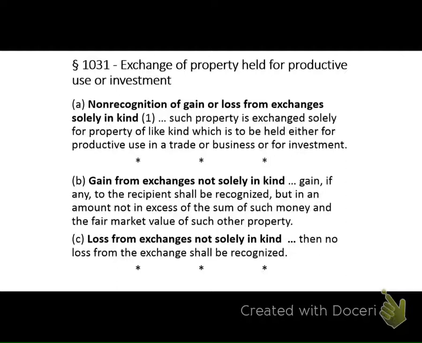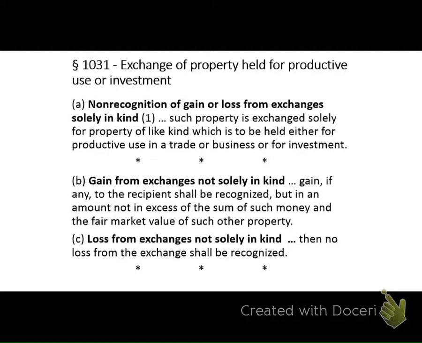So if I have a property worth $500,000 and somebody else has a property worth $300,000, perhaps we exchange our like-kind properties, but then because their property was only worth $300,000, I want them to give me $200,000 additionally in either cash or property.